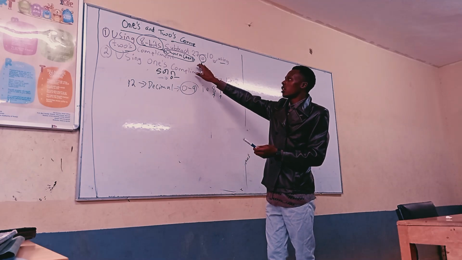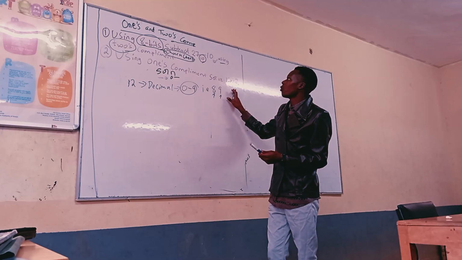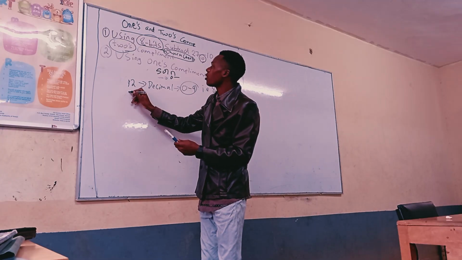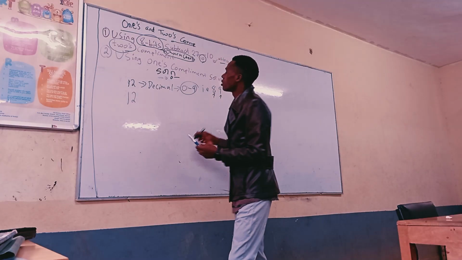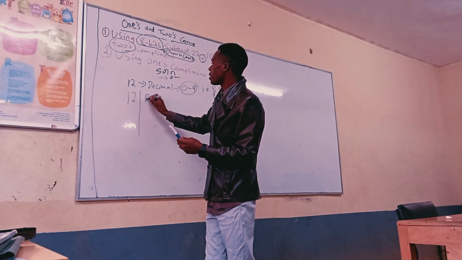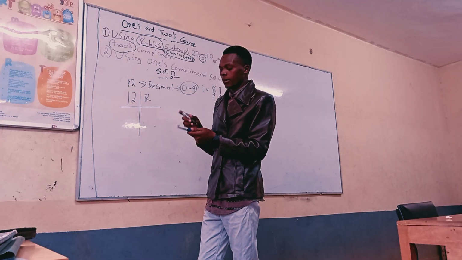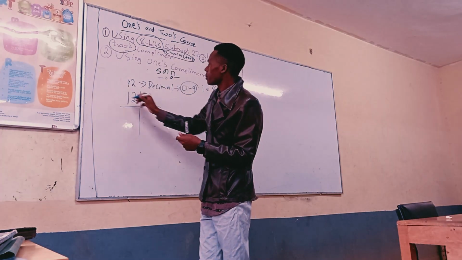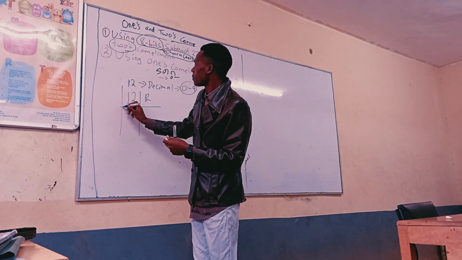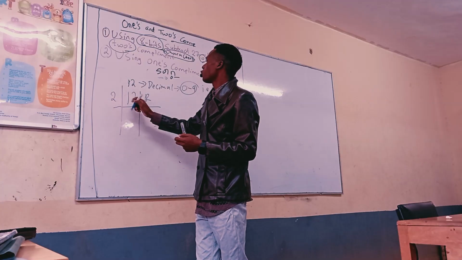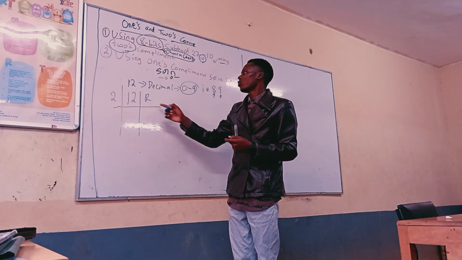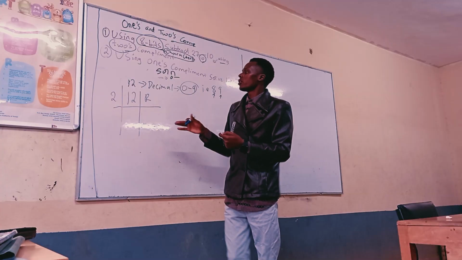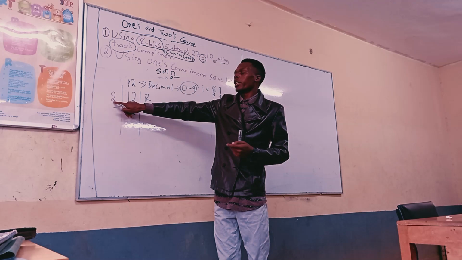As we converted the first one, it is how we will convert the second one, using long division. So the 12. We write R for remainder. We are dividing by 2 because we are converting this decimal number to binary. The binary base is 2, so we divide by 2.